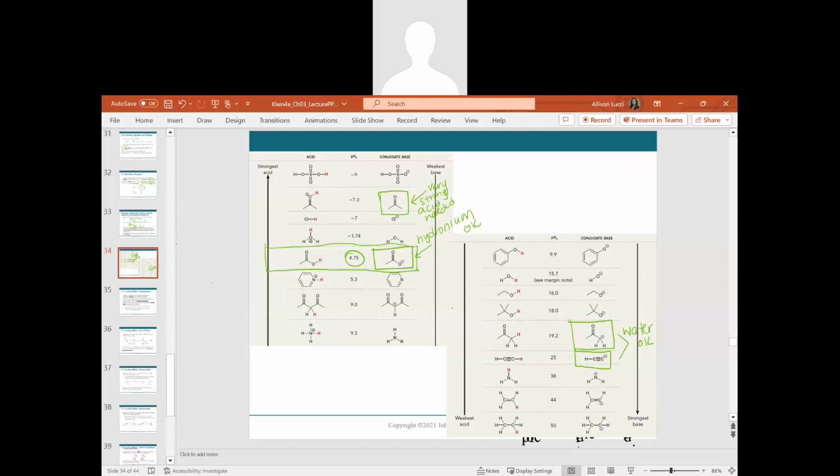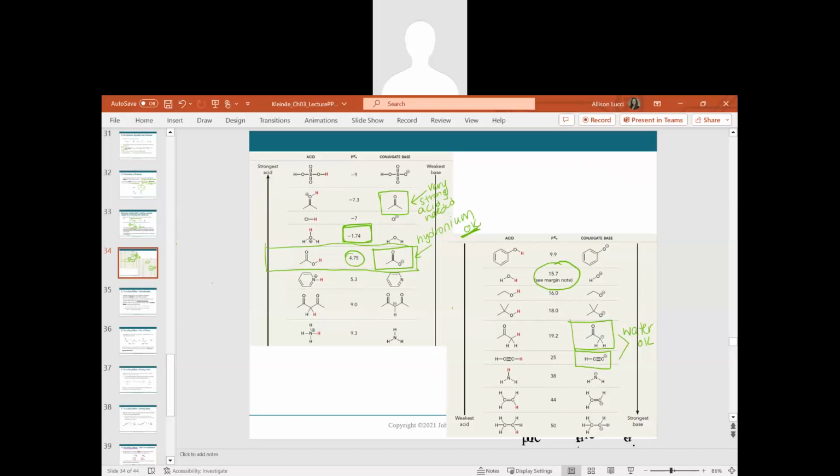To protonate the conjugate base, we would need a stronger acid than acetic acid, than 4.75. That's why we said hydronium, with this value up here of negative 1.74, would be an okay solvent. That's the determination there. Water, on the other hand, is down here at 15.7, so water would not be strong enough to protonate that acetate ion.